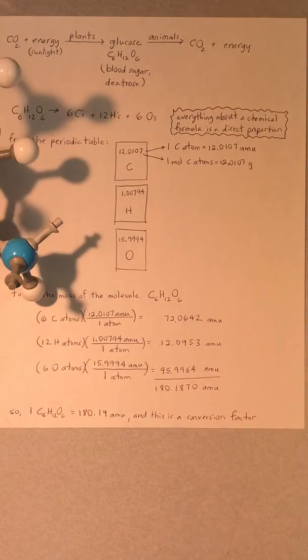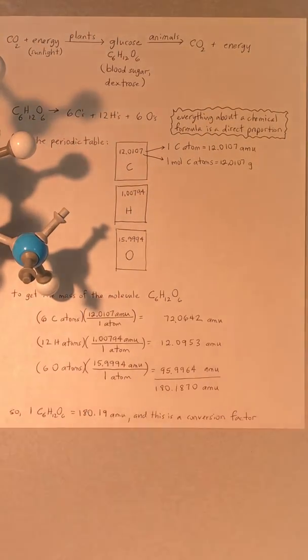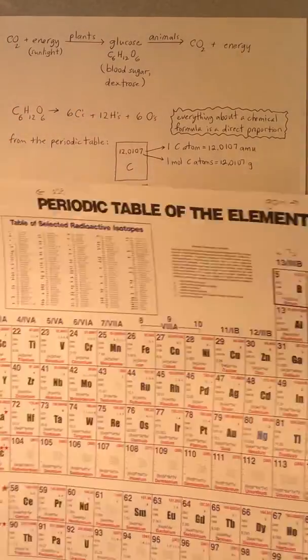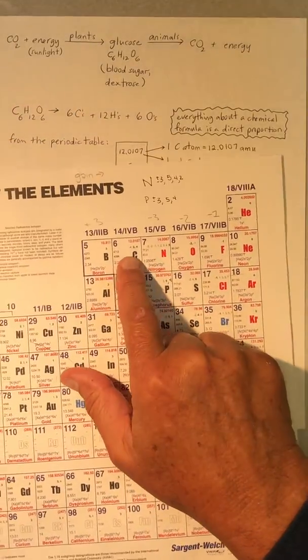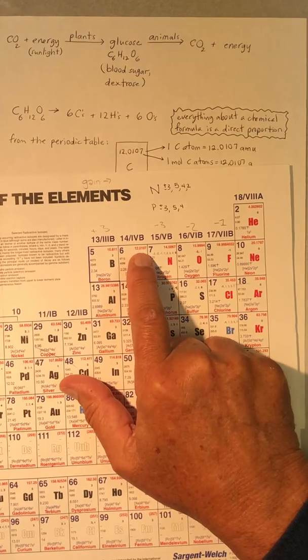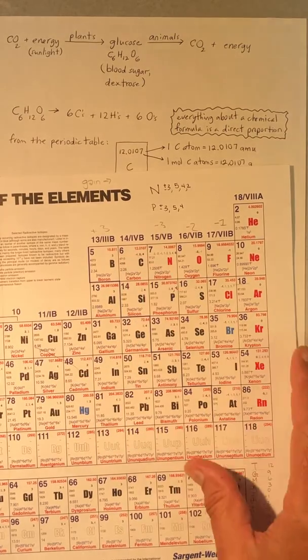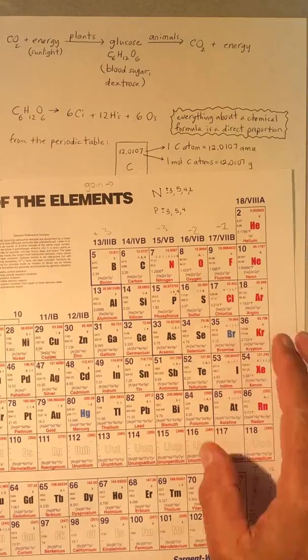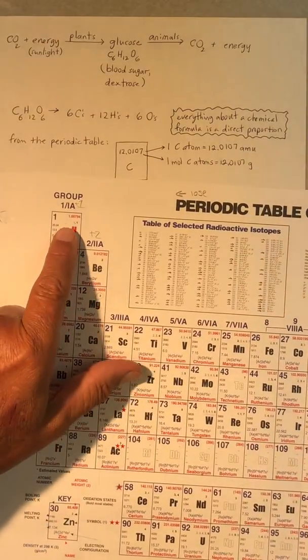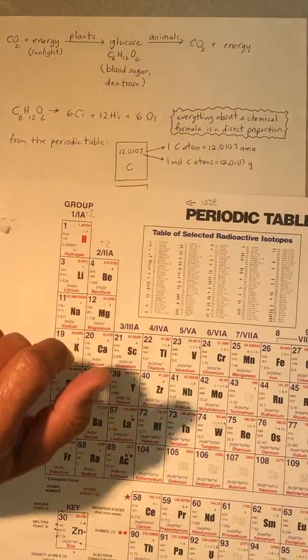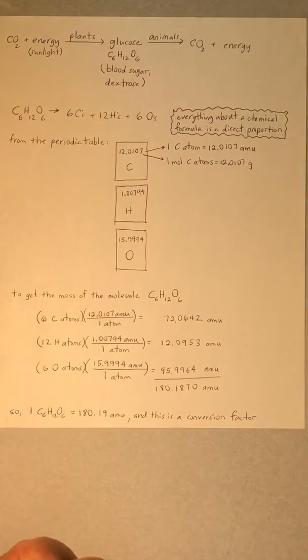So if we look at the periodic table, you'll see that carbon has an atomic mass of 12.0107. Oxygen 15.994, hydrogen 1.00794. That's where I got these numbers right here.